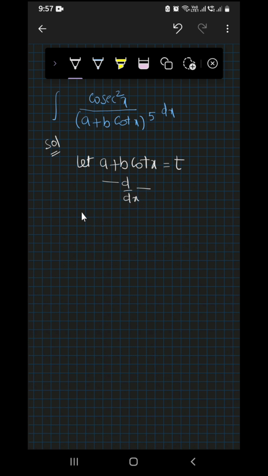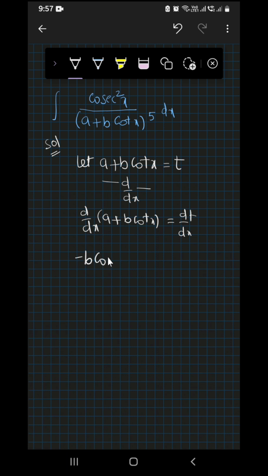We get d by dx of (a plus b cot x) is equal to d by dx of t. Now d by dx of a is a constant, that becomes 0, and d by dx of b cot x is minus b cosec square x.